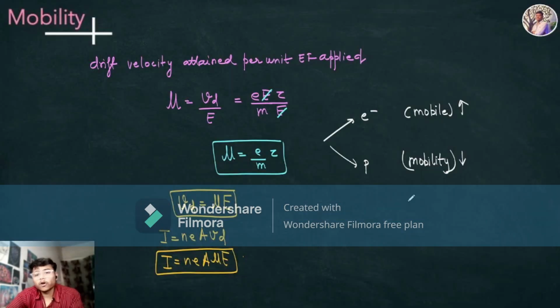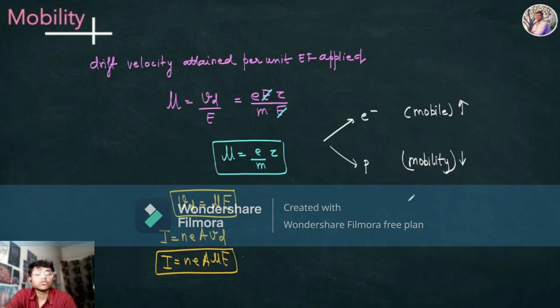Okay. So, what is mobility? Mobility is defined as drift velocity per unit electric field applied. So it is how a charge goes from one position to another. It is just defined as VD in an applied electric field.